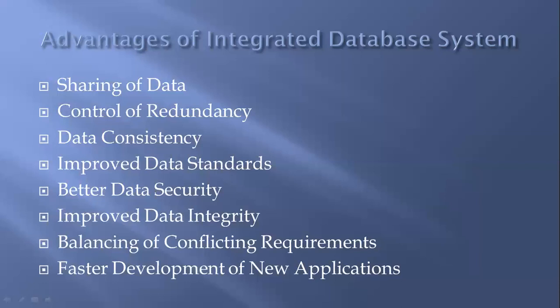Then we have balancing of conflicting requirements. Each department or individual user has data needs that may be in conflict with those of other users. The DBA is aware of the needs of all users and can make decisions about the design, use, and maintenance of the database that provide the best solutions for the organization as a whole.